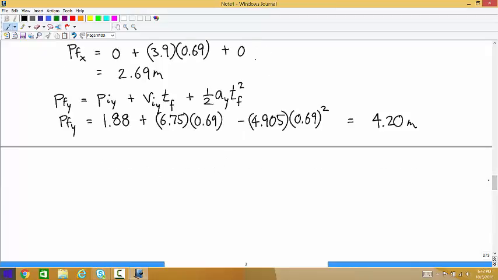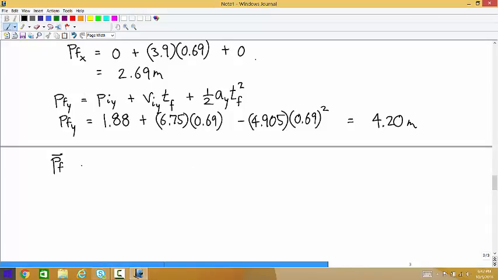Okay, so if you think of it as a vector, the PF vector is equal to 2.69, 4.20.